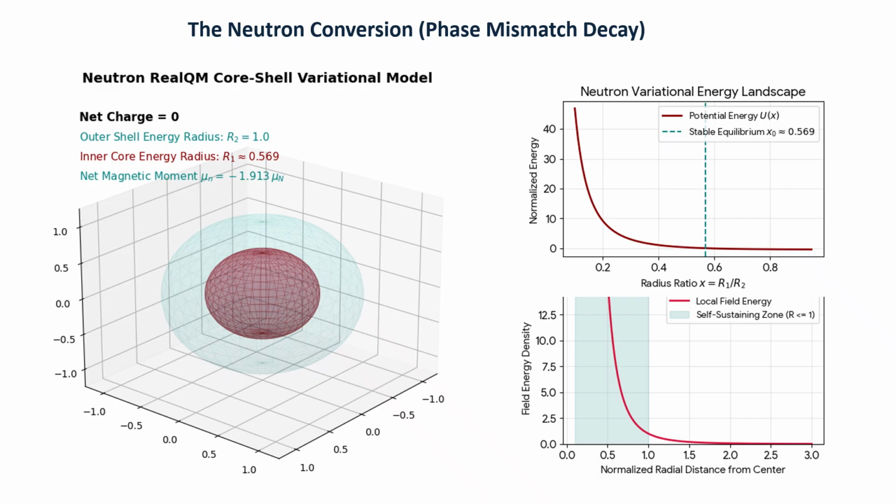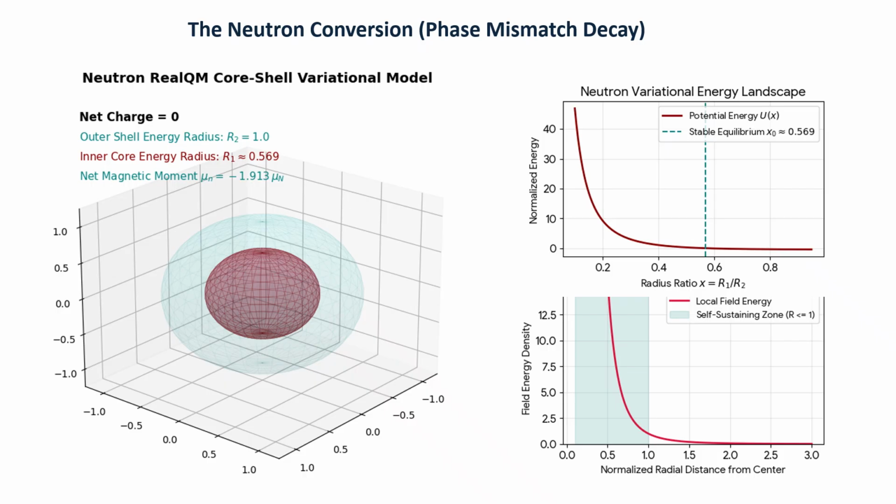So to wrap this up, standard physics has no real neutron model. It struggles, because of that rather massive magnetic moment of the neutron, smaller than the proton moment. I think our core shell variational model answers that.